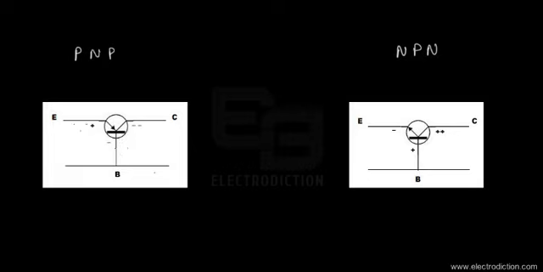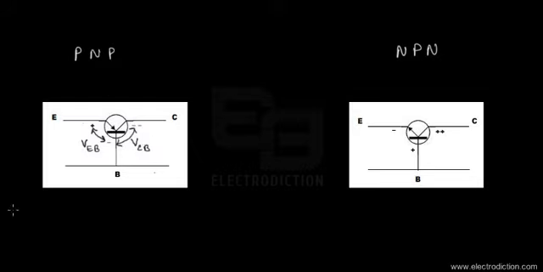So we can just name these voltages. The voltage applied across the emitter and the base terminals is referred to as the emitter to base voltage, or in short VEB. Okay, and in case of the collector junction, the voltage drop across the collector and the base terminals is referred to in short as VCB, or the collector to base voltage.